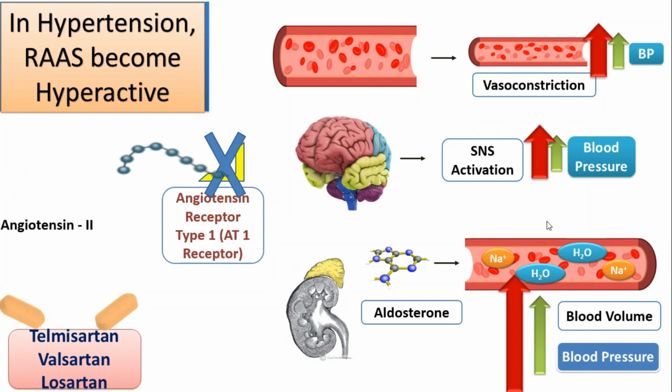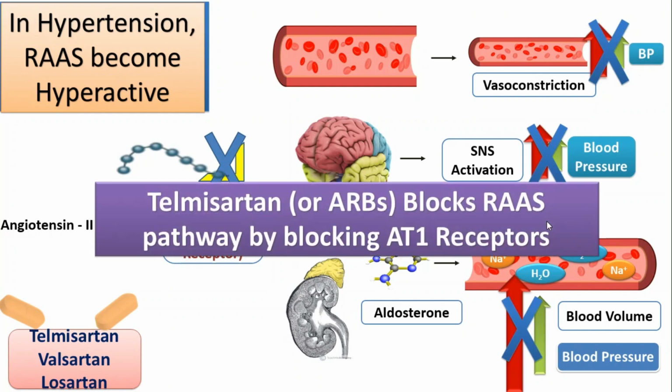Since no angiotensin 2 can bind, no activation of AT1 takes place. In the absence of AT1 activation, there is no increase in the blood pressure. This is how Telmisartan or any other ARB blocks the RAS pathway by blocking the AT1 receptor. So they are named AT1 receptor antagonists or AT1 receptor blockers.